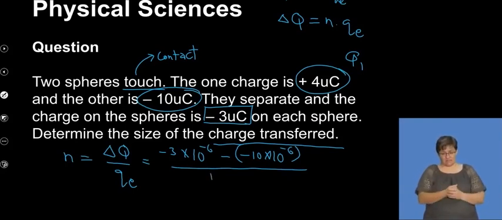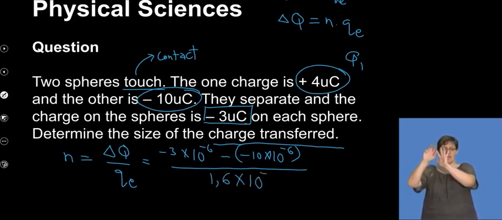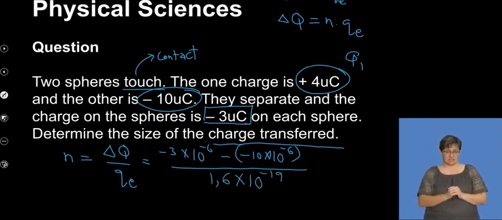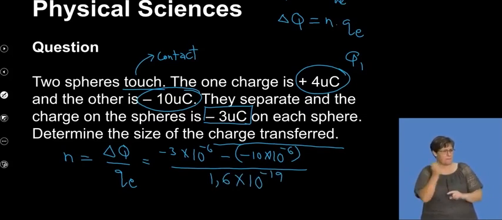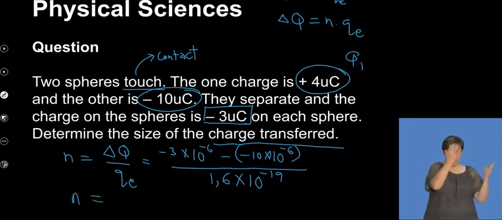Hence, we'll ignore the negative in the elementary charge value and put 1,6 times 10 exponent -19, right? So here we are actually going to get a value that is positive because we can have a positive number of electrons. So the number of electrons transferred can be calculated in that way.